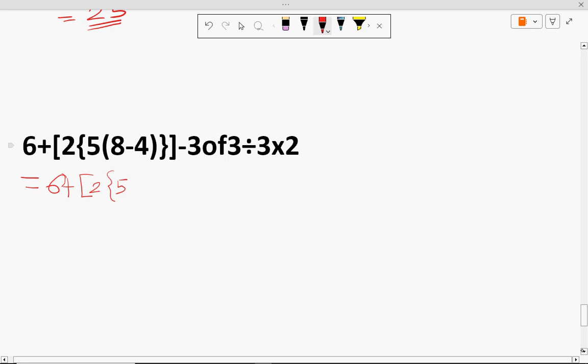This says 8 minus 4, that is 4, and as there is no sign before the bracket, so it is multiplication, and then for the result of small bracket. Now we'll close the curly bracket and the big bracket.